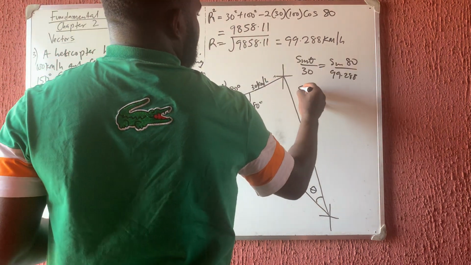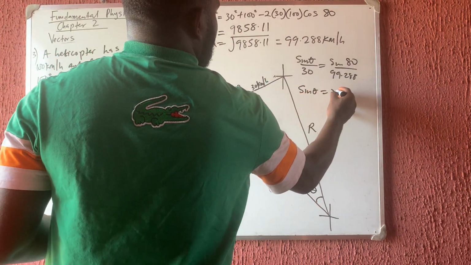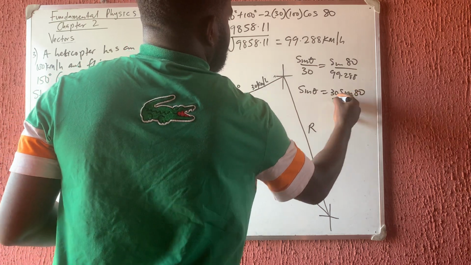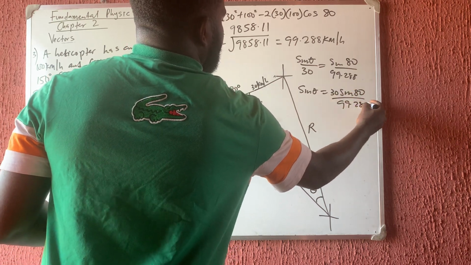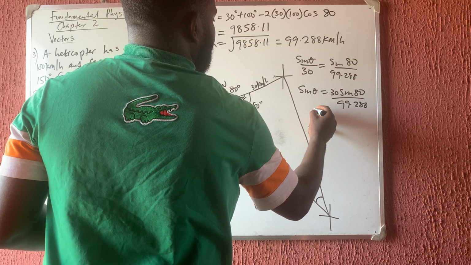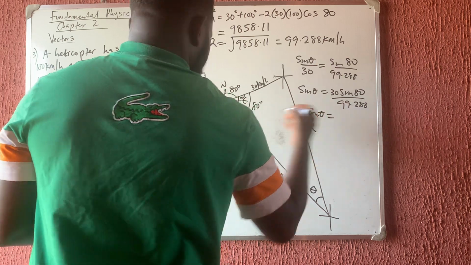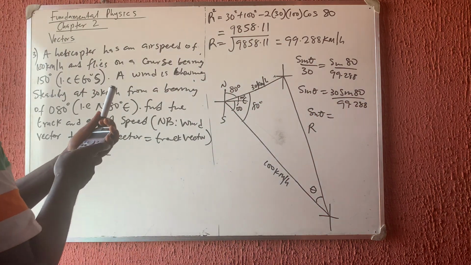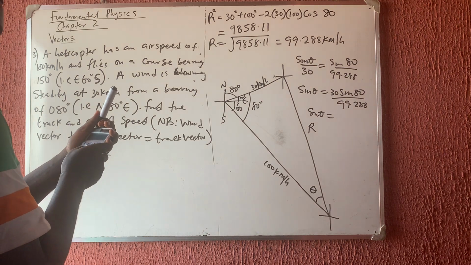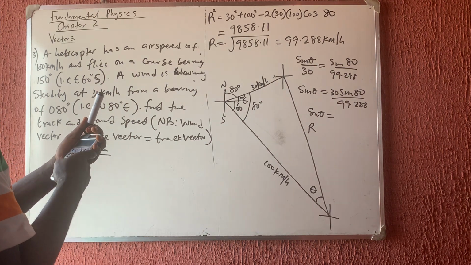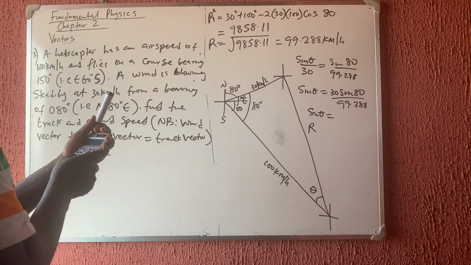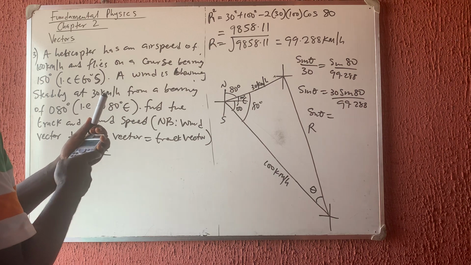You cross multiply, you're going to have that sine theta is equal to 30 sine 80 divided by 99.288. So therefore, sine theta will now be, let me press it once. So I have 30 sine 80 now divided by 99.288.